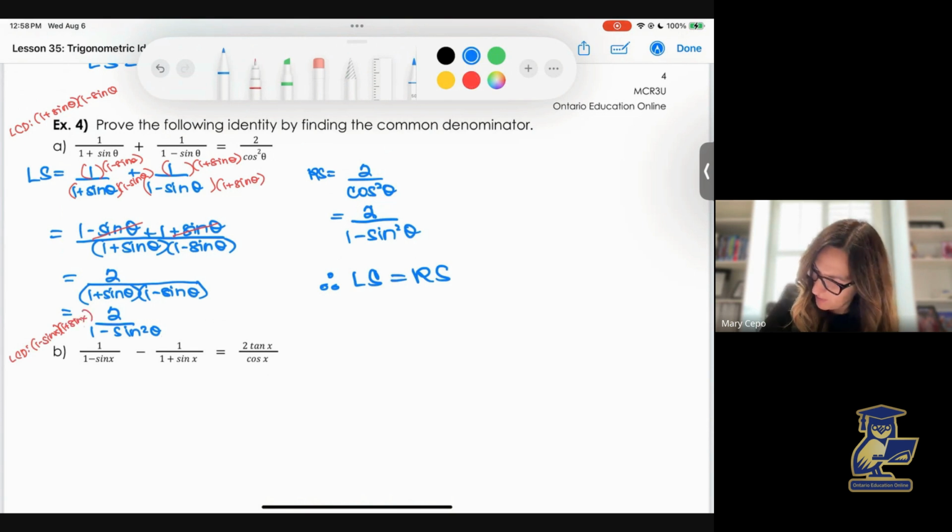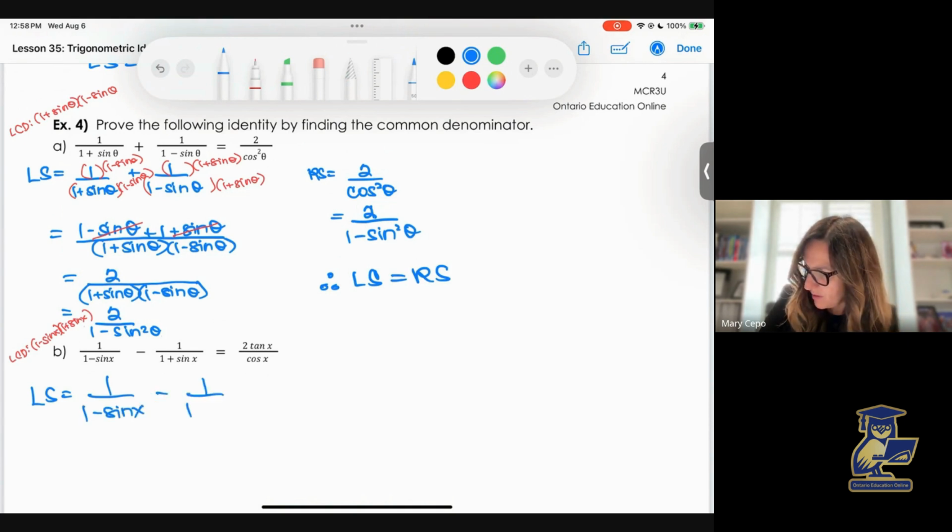Okay, so with that in mind, we're going to say left side is equal to 1 over 1 minus sine of x minus 1 over 1 plus sine of x. So the right side is a little bit more complicated. So 2 tan of x divided by cos of x.